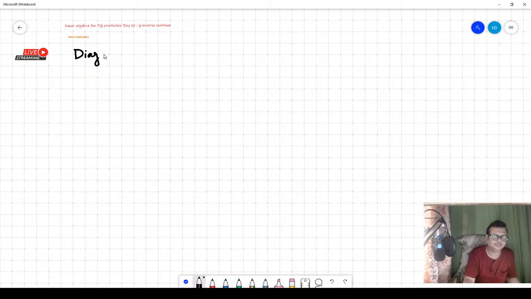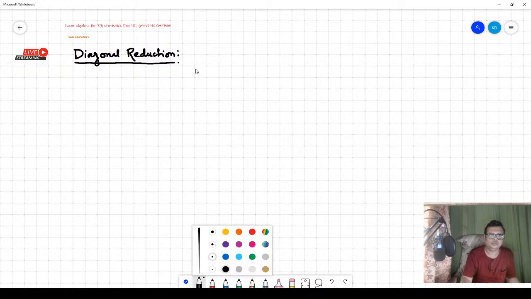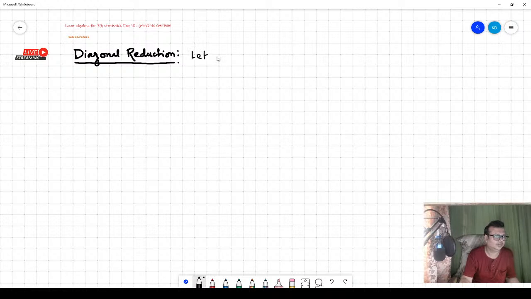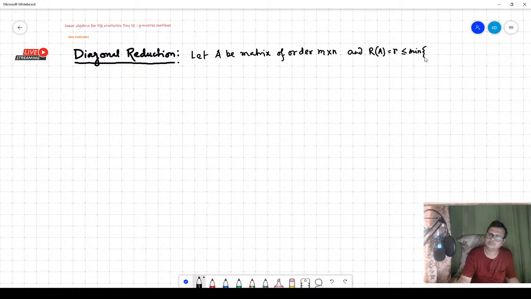So diagonal reduction. Let capital A be a matrix of order m cross n and rank of A equal to small r, which is less than or equal to minimum of m comma n.